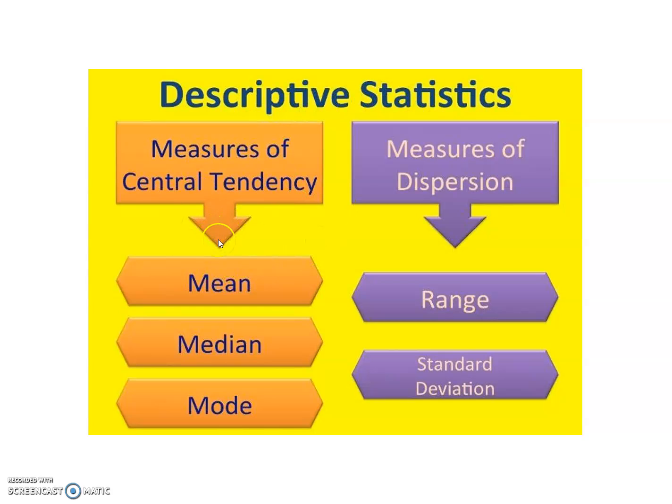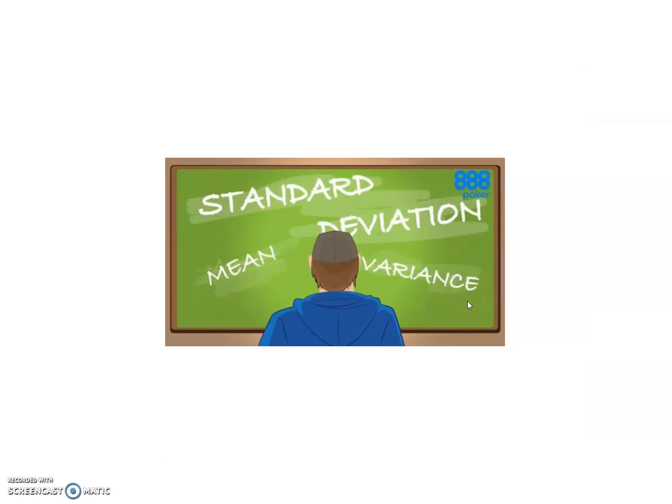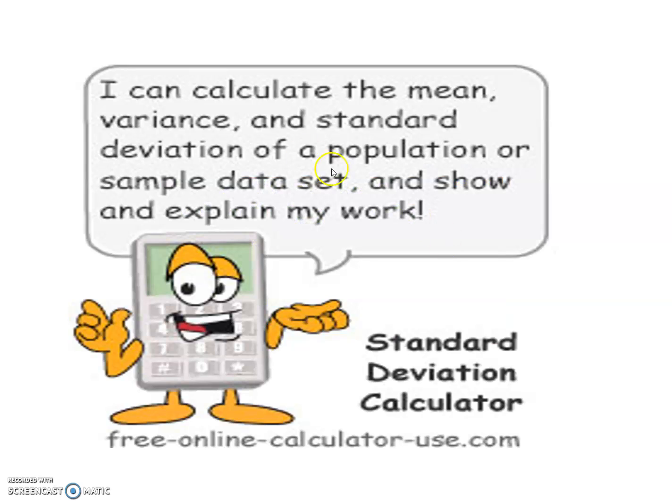These measures of central tendency are used in measures of dispersion: standard deviation, mean deviation, variance. What you see in this picture is very important. I can calculate the mean, variance and standard deviation of a population or a sample data set, and show and explain my work.